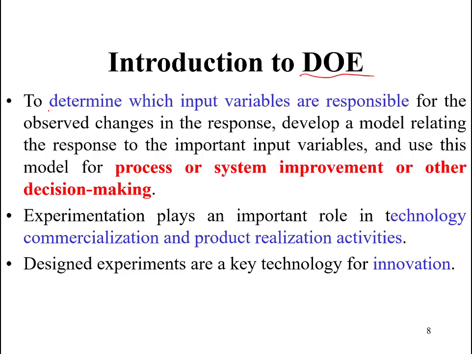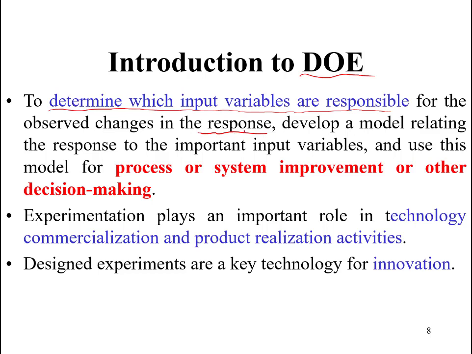You can guess and choose it as one factor. So we need to determine which input variables are responsible for the observed changes in the response. These input variables which we choose are factors, and we call them independent variables. After this, we will discuss them more.